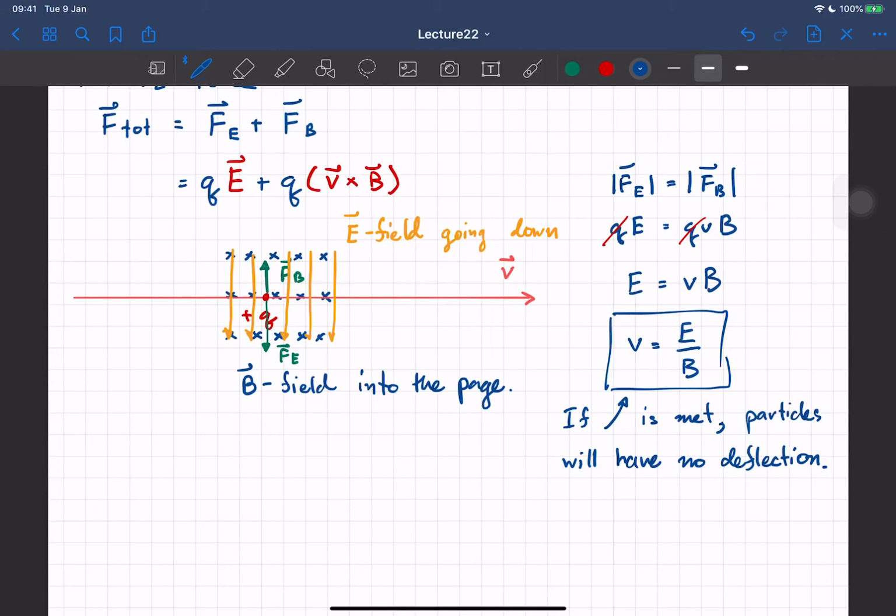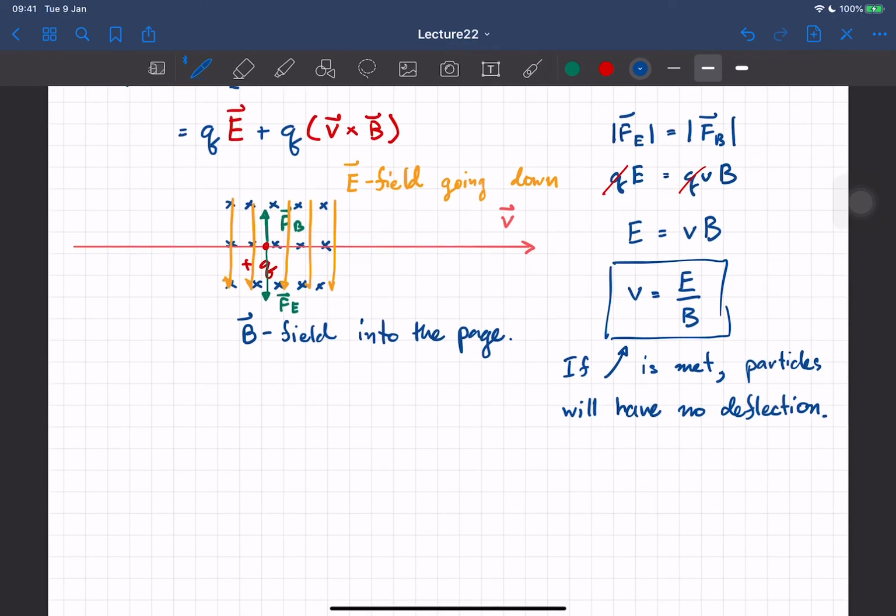And this is where, in some experiments, especially particle physics experiments, we use this as a velocity selector. The reason we want this is because the velocity of the particle is associated with the kinetic energy of the particle. So in a sense, you can select the kinetic energy of your particle for your experiment this way.